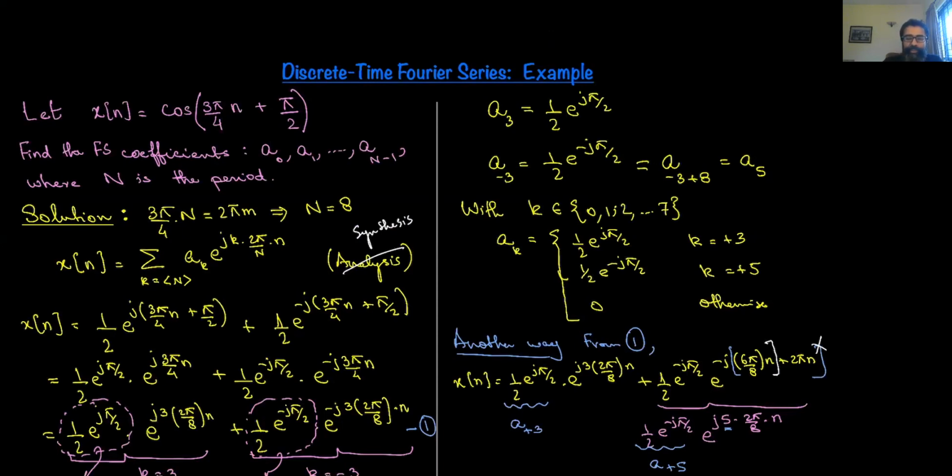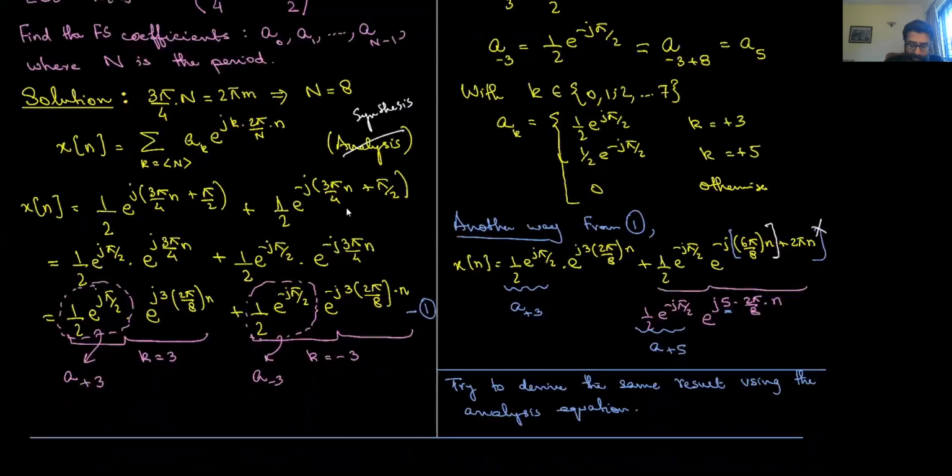Rather, I will just use the Euler's expansion. Now its period is capital N equals 8. That should be straightforward. This comes from whatever we did in chapter 1. And then this is the Euler's expansion.